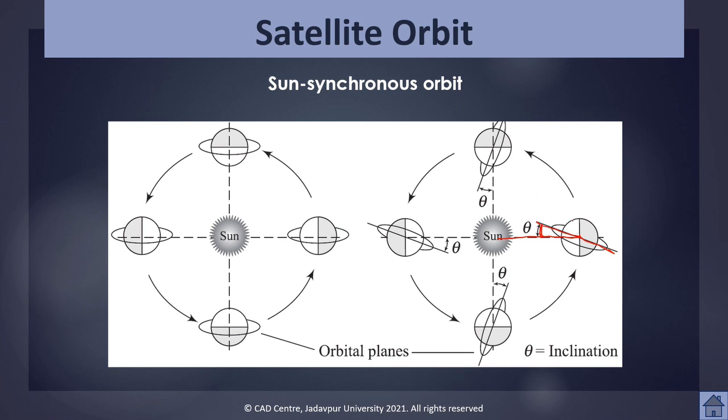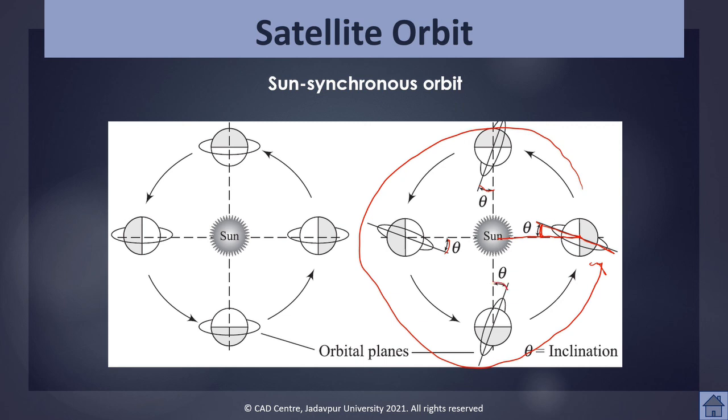So as you can see here, the orbit is being rotated with time, and because of the change in the season, in 365 days, this angle will remain constant.